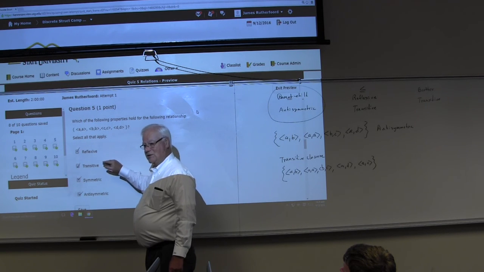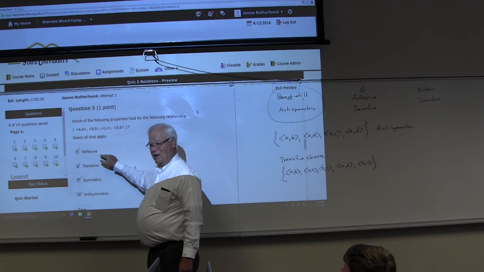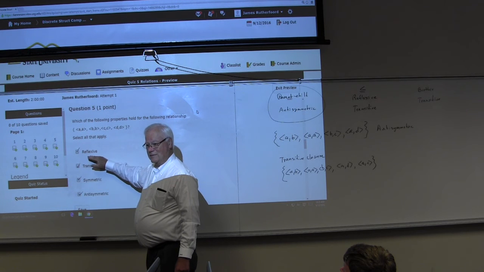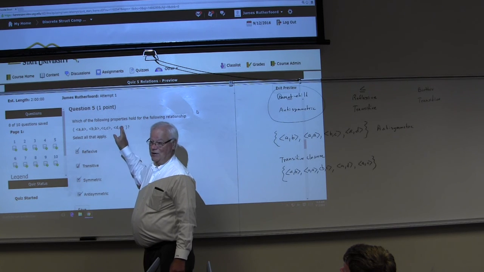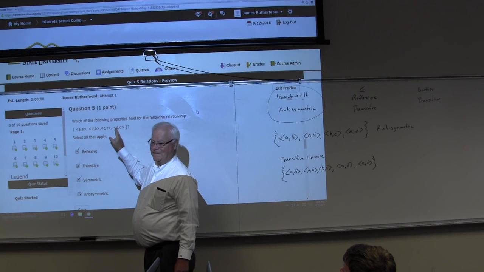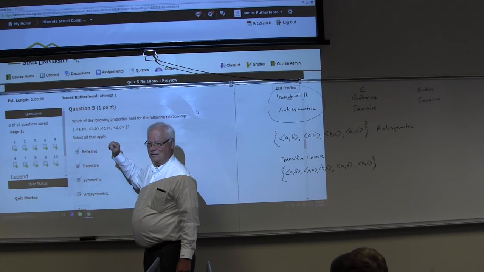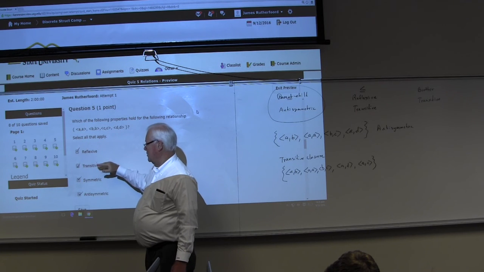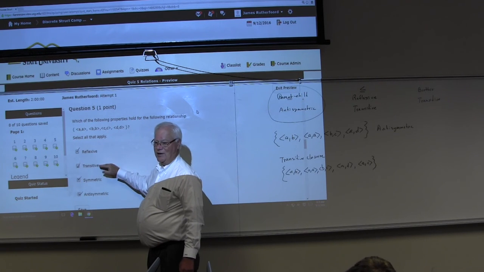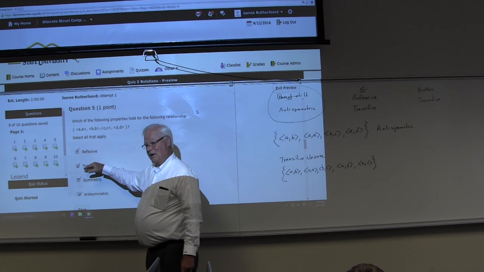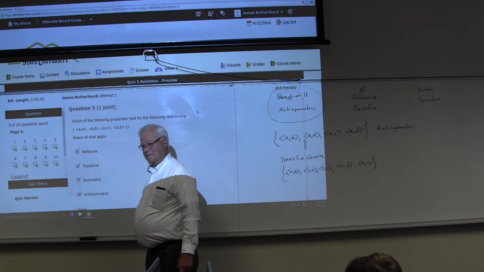But the if statement starts with if AB and BC. They're not there though, are they? So that's false. It has nothing to do with what's here. It has to do with what's not there. Does that make better sense? Okay. The setup isn't there. And if the setup isn't there, then the first part of the if statement is false. Okay?